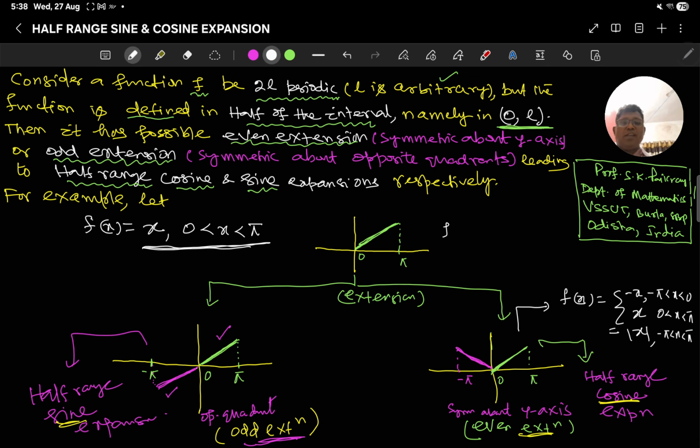This is the even extended function, and for the odd extension f(x) is that same x, minus pi less than x less than pi. In that way we can have the odd and even extension of the function, and it will generate the half range sine expansion as well as the half range cosine expansion.